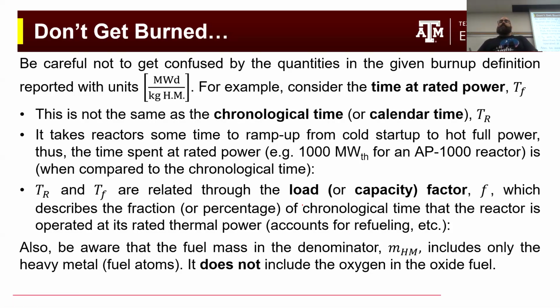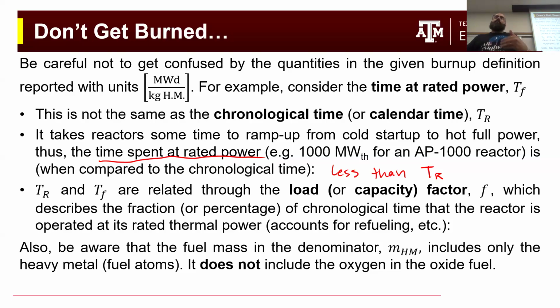So the time spent at rated power is going to be less than the chronological time, less than TR. That has to do with the fact that it takes some time to start up and some time to cool down.